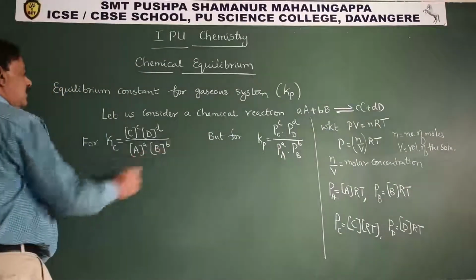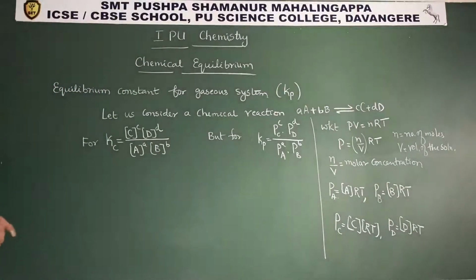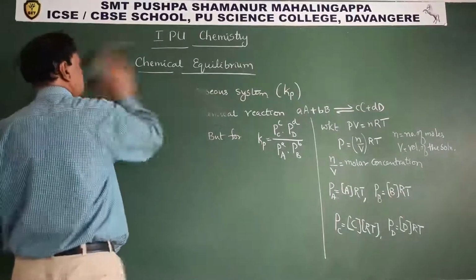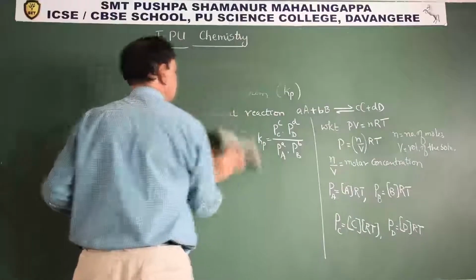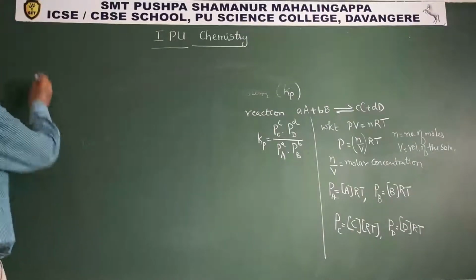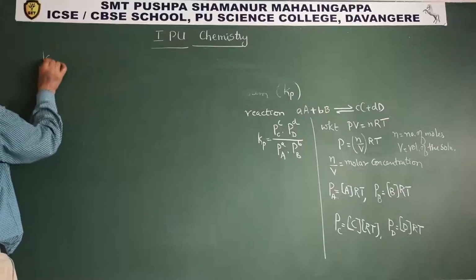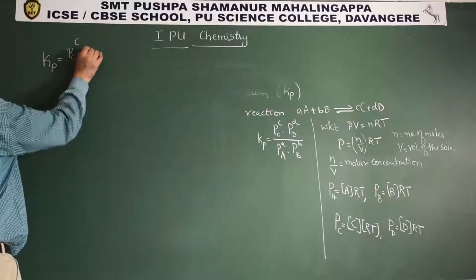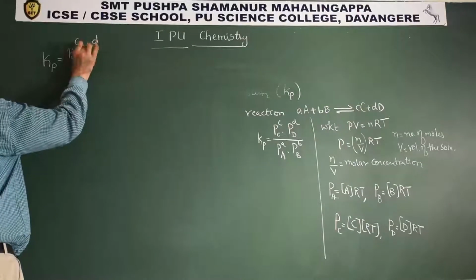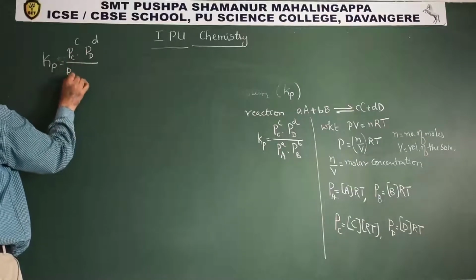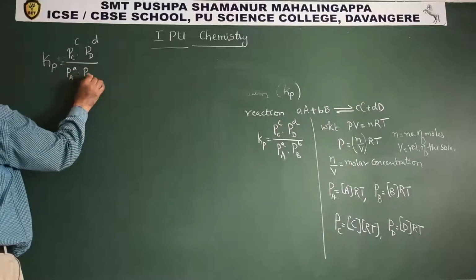Now substitute the values in Kp. Kp is equal to PC to the power of c into PD to the power of d divided by PA to the power of a into PB to the power of b.